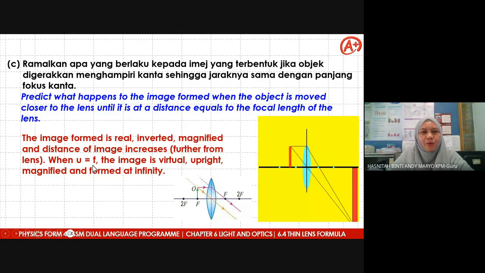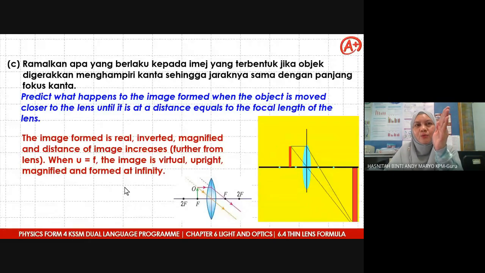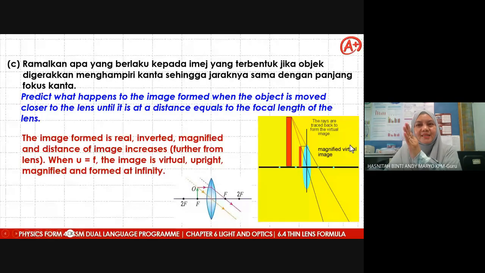And then when U is equal to F, what happens? The image will be produced up here: virtual, upright, magnified, and formed at infinity. Earlier, when you moved the object from a distance of 15 closer towards the lens, the image formed on the opposite side, real, inverted, magnified.